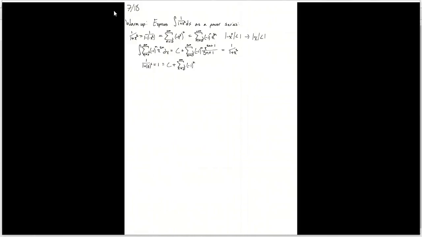And then we're going to plug in 0 here, right? So raise it to the power and then divide. So every term is going to be 0 here. So this whole sum is 0. And then that means that c is equal to 1. Now remember that the radius stays the same for integrating. So we still have that r equals 1.